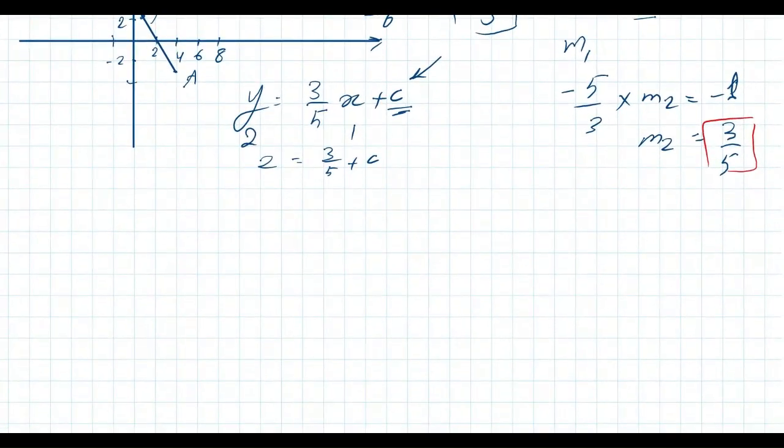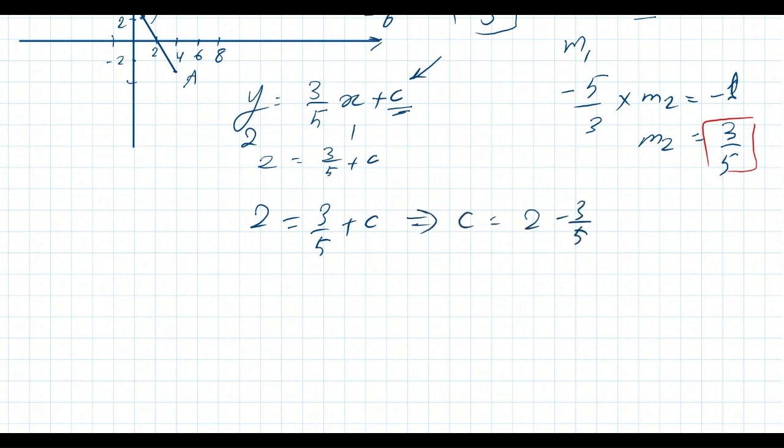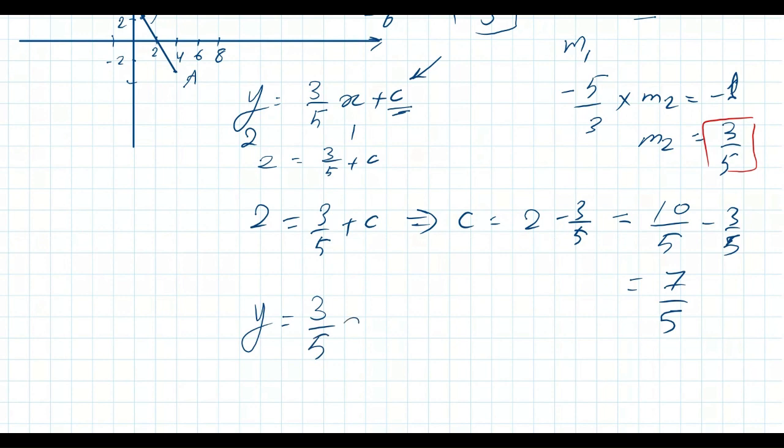Then c equals 2 minus 3 over 5, which equals 10 over 5 minus 3 over 5, and the result is 7 over 5. Then y equals 3 over 5 x plus 7 over 5.